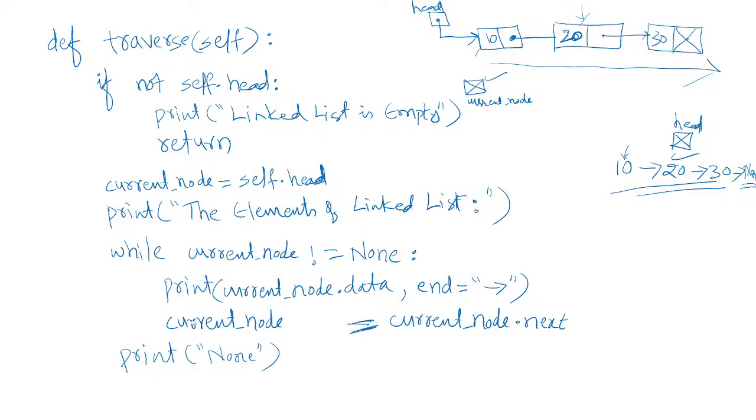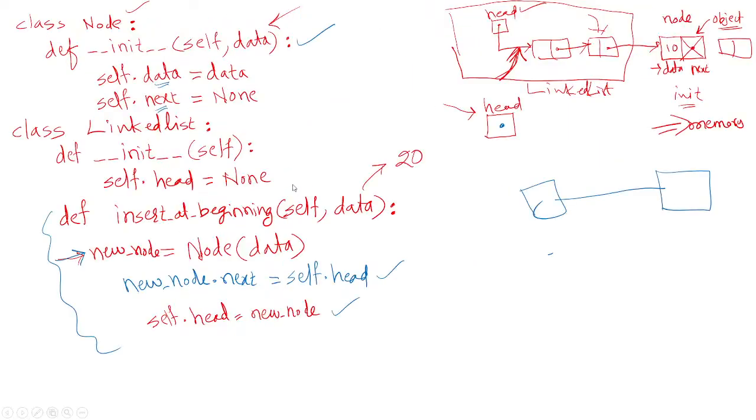Got it? Now, once you define the two classes, the main function is what we missed here. So let us see, this is the node class we defined here.